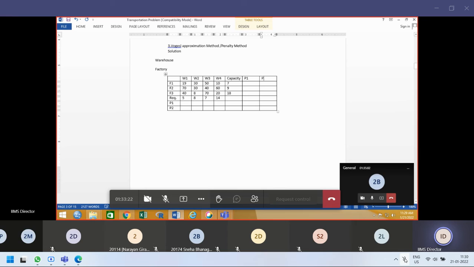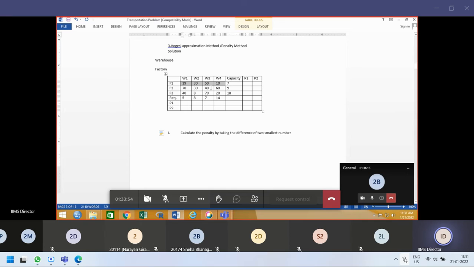Note down in your language. Calculate the penalty by taking the difference of the two smallest numbers first.